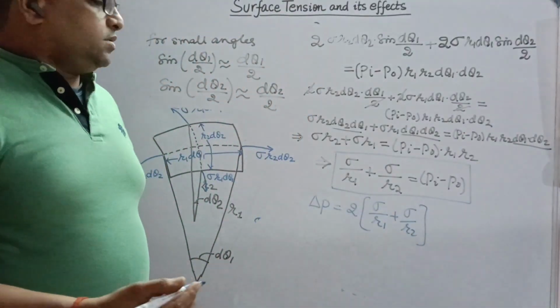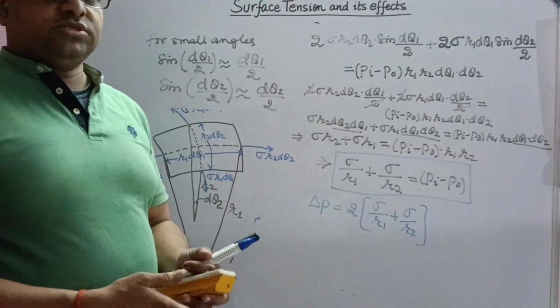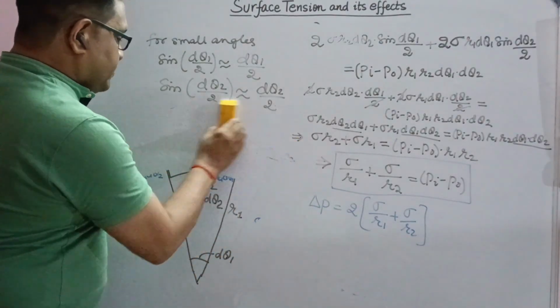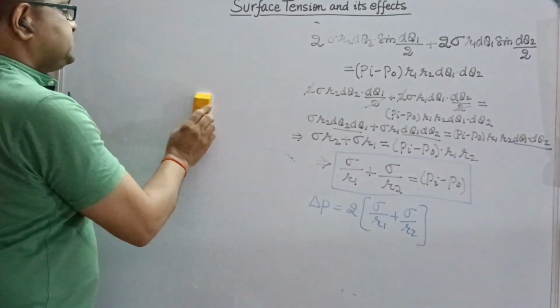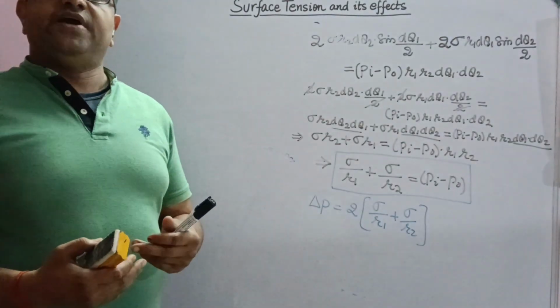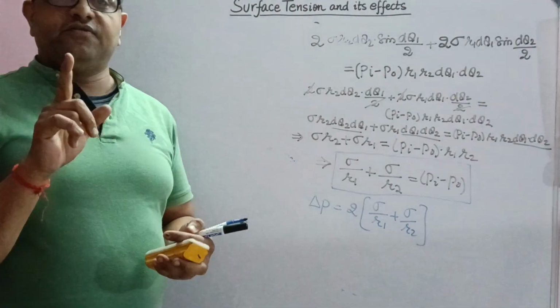Now, let us see what happens in case of a liquid droplet or a liquid bubble. In case of a spherical bubble, the radius of curvature will be the same.